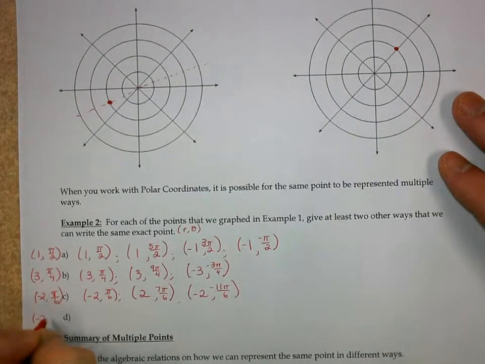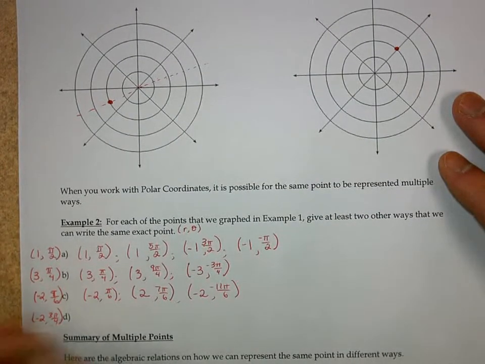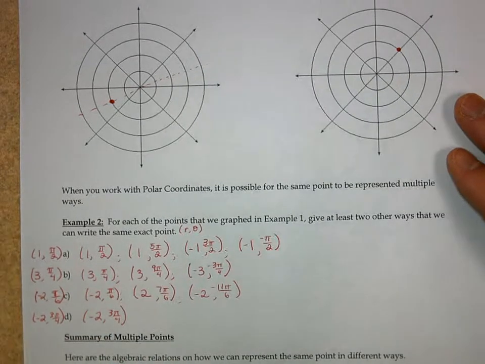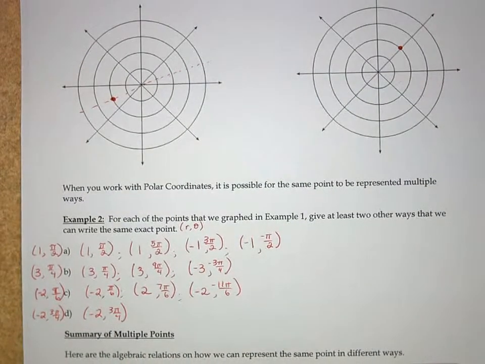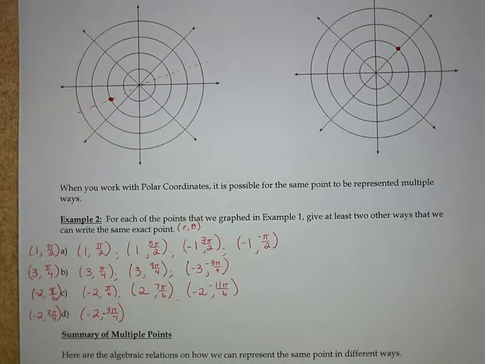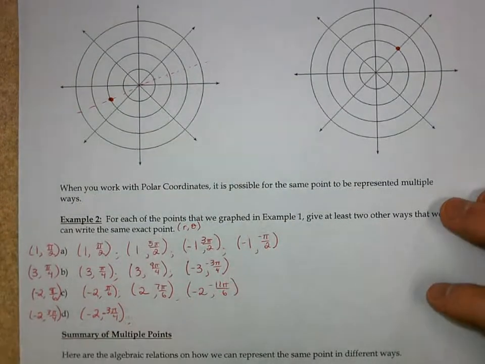And then finally for the last one, negative 2 and 3 pi over 4. I could have looked at that as going around the whole unit circle and getting a coterminal angle, or I could have looked at it as just going up from 0.